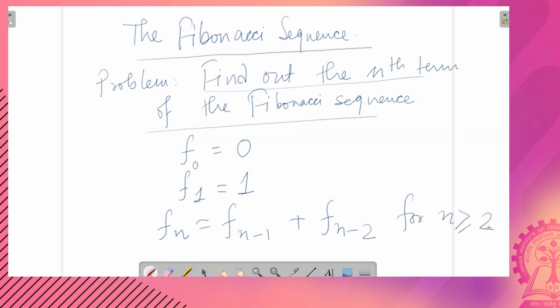Now if you are asked to write a simple algorithm for finding the nth term in a Fibonacci sequence, I think all of you have done this exercise, but just for a recap, let us again write a small formal description of the problem.